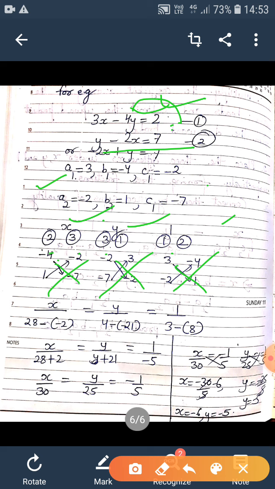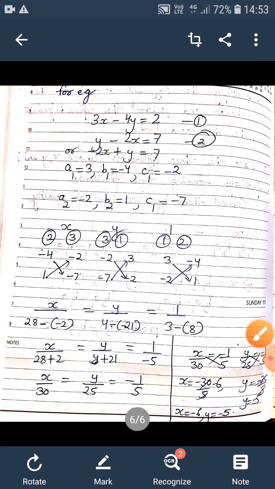Similarly for y and for 1. Now solving, we have x upon 30 equals y upon 25 equals minus 1 upon 5, and by cross multiplying we get x equals minus 6 and y equals minus 5. So these are the methods of solving the system of linear equations.